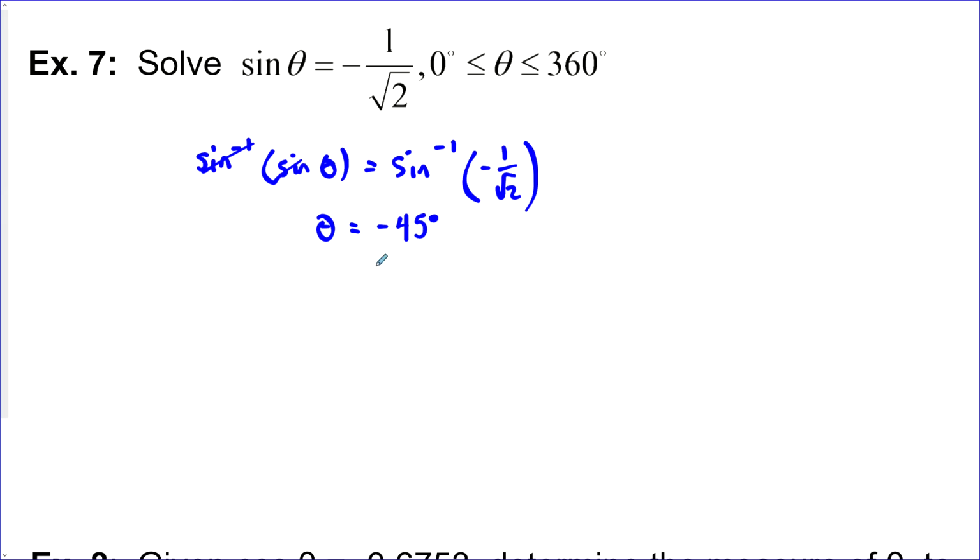Now you see the problem here is that our calculator is giving us -45 degrees, but we can't use that answer because our domain restriction says that 0 degrees is the smallest we can go. So let's just put negative 45 on here. Negative 45 would be this angle right here, from here to there.